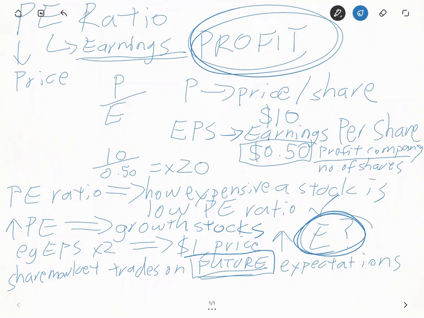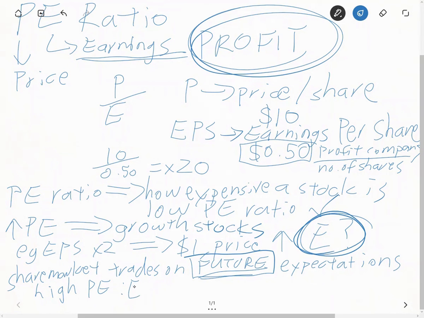So some companies, their earnings are going to grow and grow and grow. And in that case, they can trade on a much higher PE ratio. So a high PE ratio can mean one of two things. Well, it could mean both.